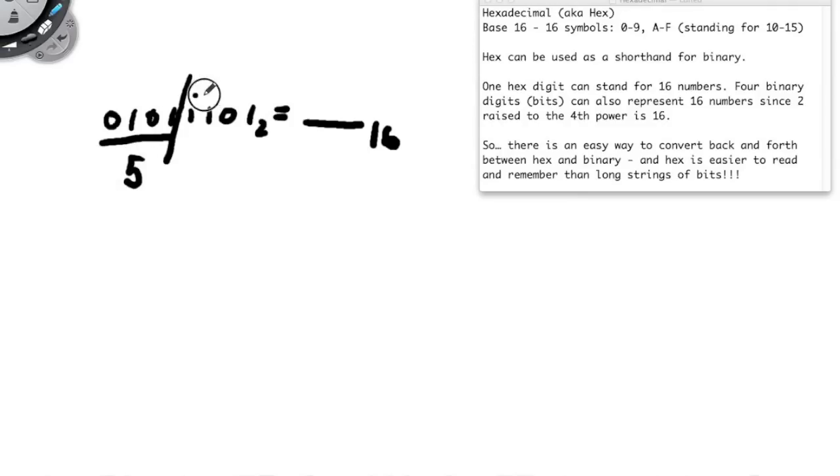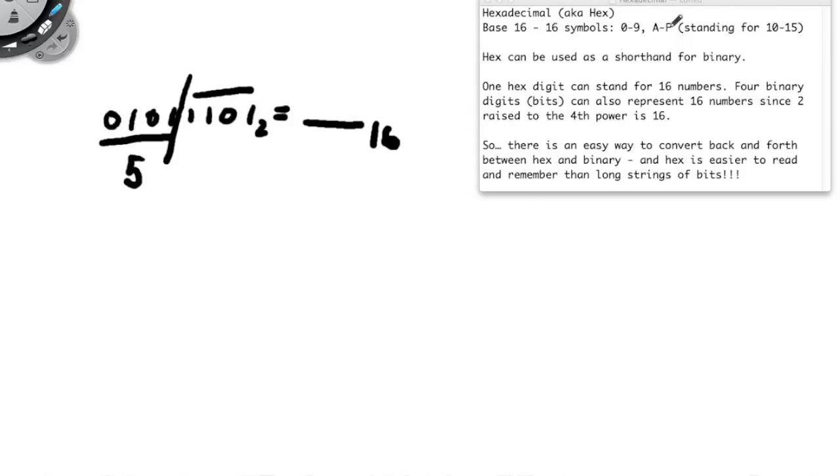Okay. Now let's take this other 4 bits here and turn this into 1 hex digit. That's the 1s, 2s, 4s, and 8s place. So 8 plus 4 is 12, plus 1 is 13. Turn that into 1 hex digit, again with A through F representing the numbers 10 through 15. What we said here is this is 13.